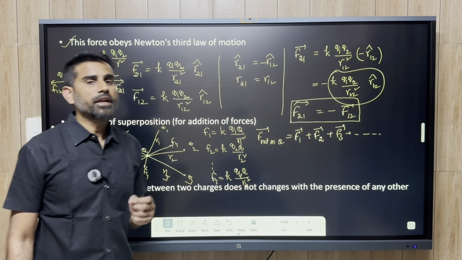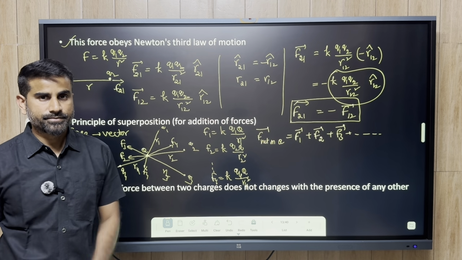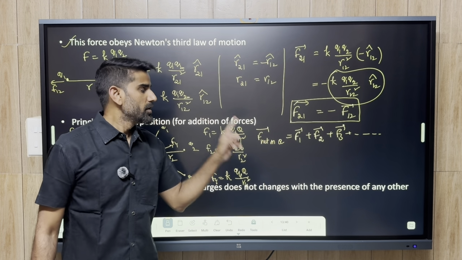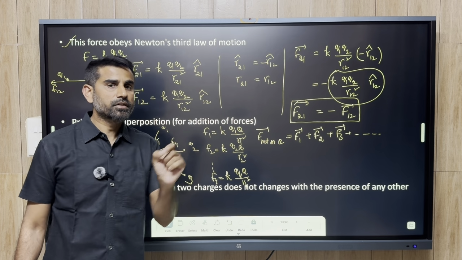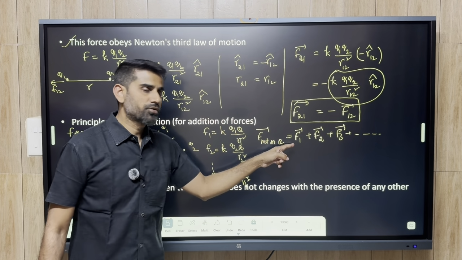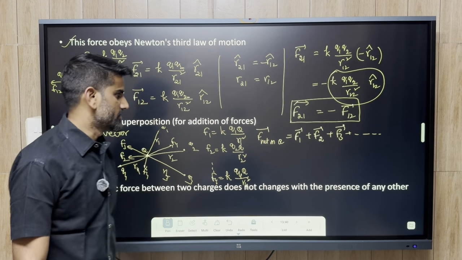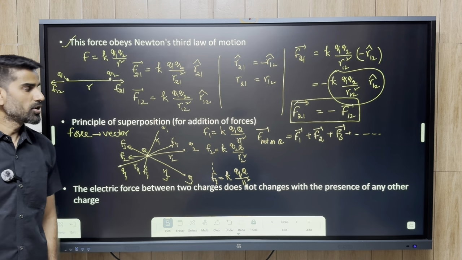So net force on any charge is the vector sum of all the individual forces. I want to repeat the statement again. The net force on any one charge is the vector sum of individual forces on the same charge due to all other charges. This is what we call the principle of superposition.